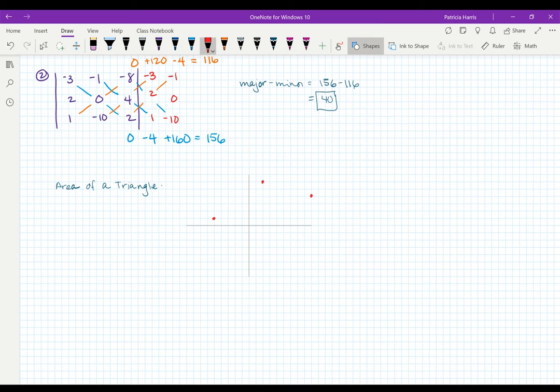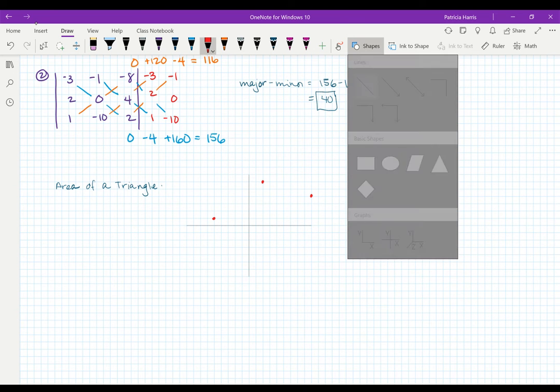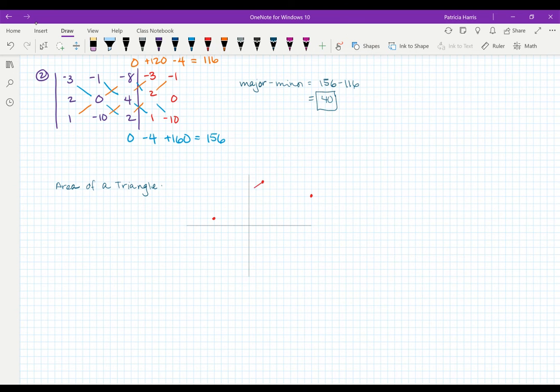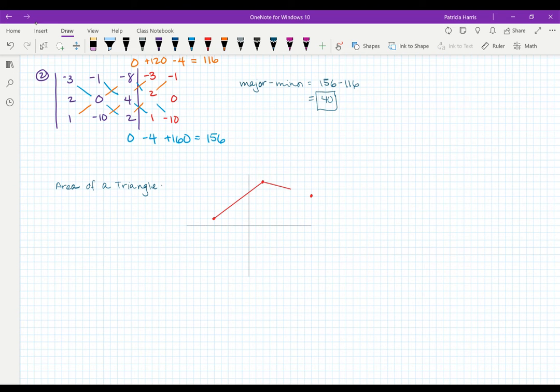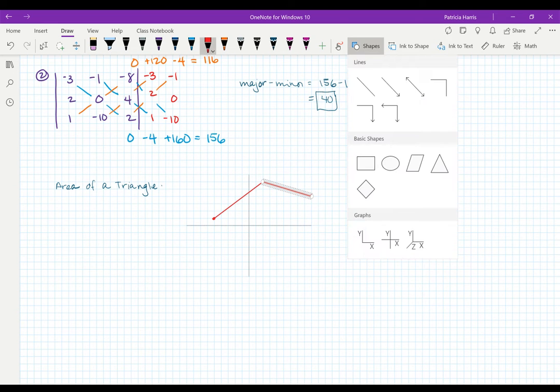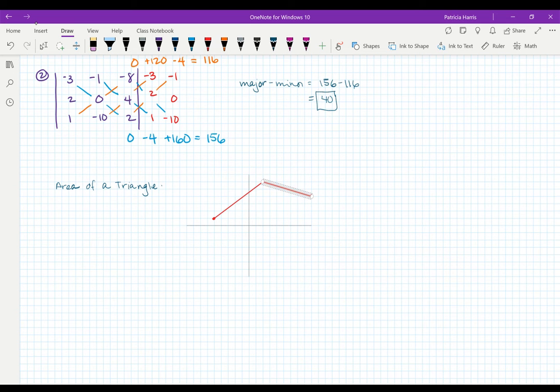So what you're going to do is you're going to find the vertices of the triangle.